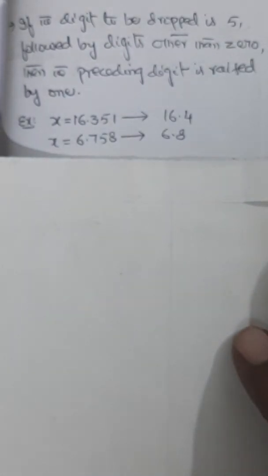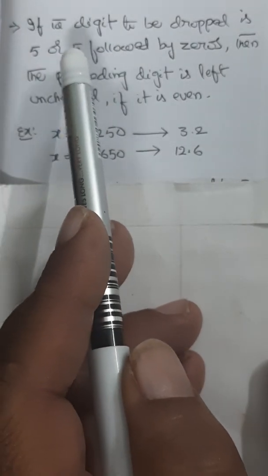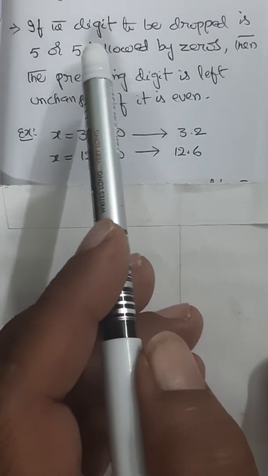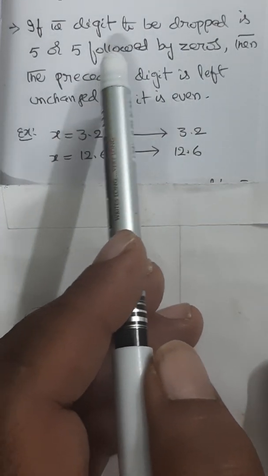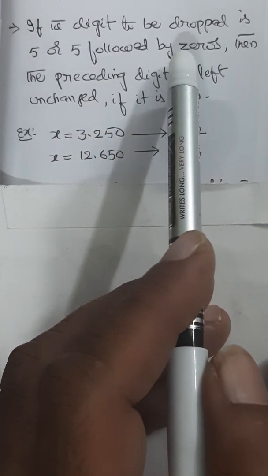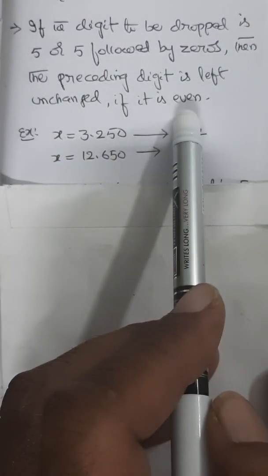Let us look at rule number 4. Rule number 4 says, if the digit to be dropped is 5 or 5 followed by zeros, then the preceding digit is left unchanged, even if it is even.